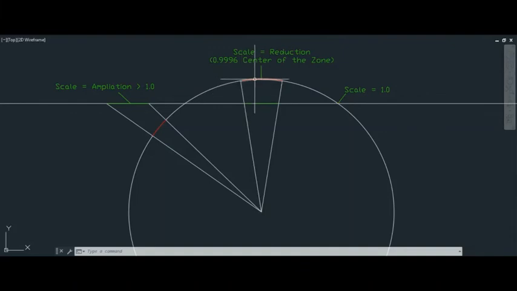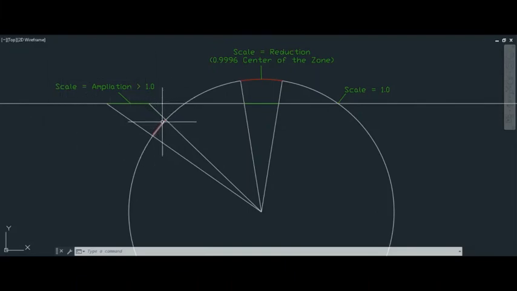So any distance that's measured here needs to be reduced to fit on that segment on the plane. Then we have points that go outside of that area of intersection of the cylinder. Then we have an ampliation scale factor.